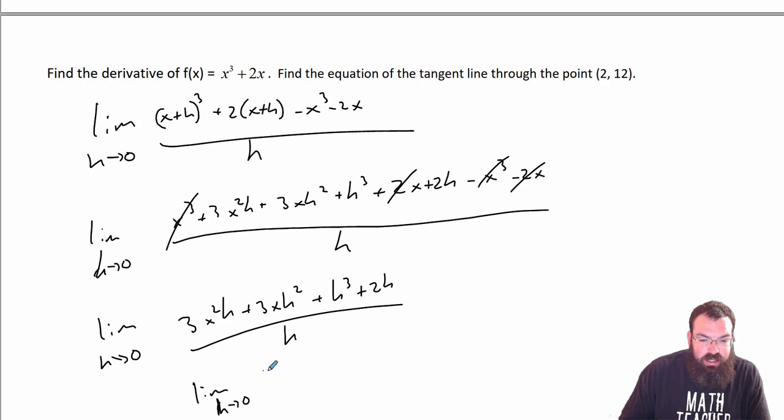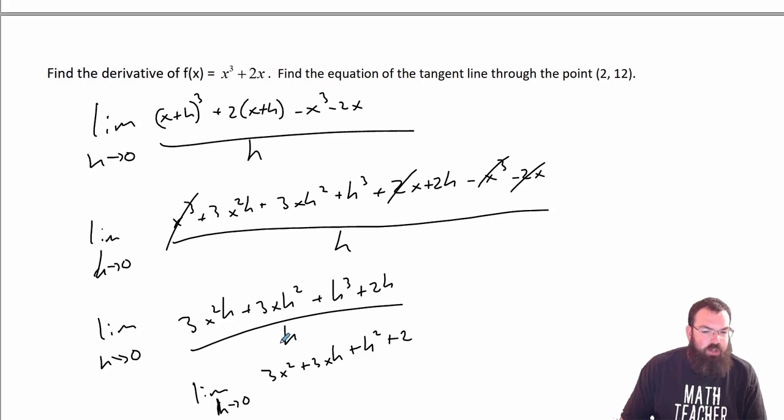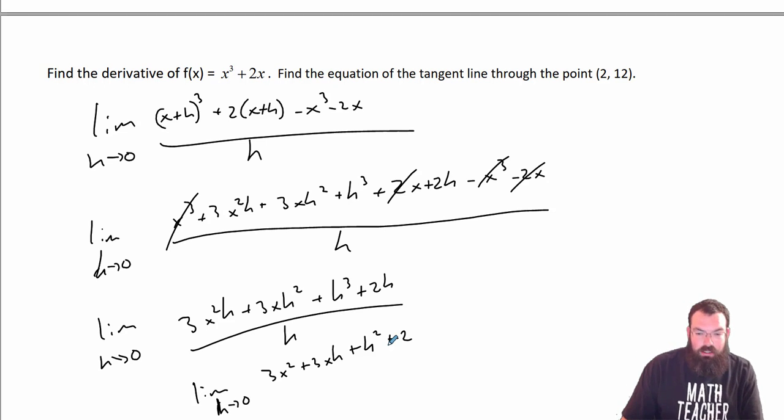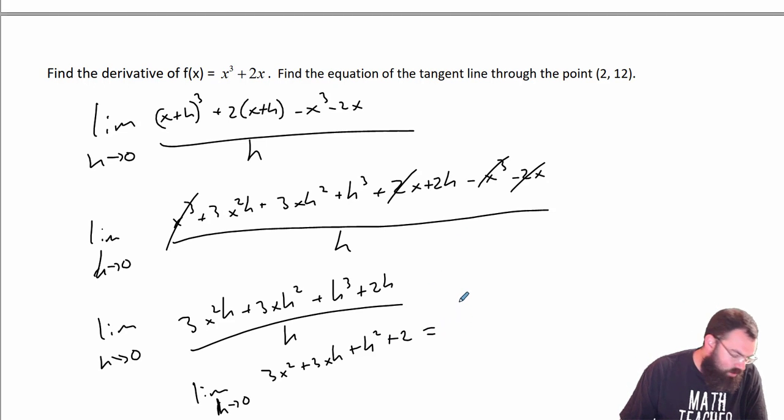Okay, so cancel the h's, so I get 3x squared plus 3xh plus h squared plus 2. My denominator h is gone. Now, what's actually happening is I'm plugging the 0 into all of the h's because I got rid of my denominator, so now I can plug the 0 in.